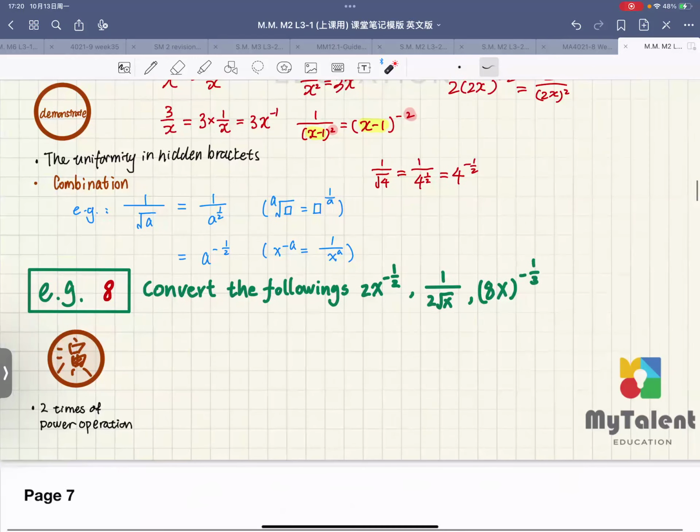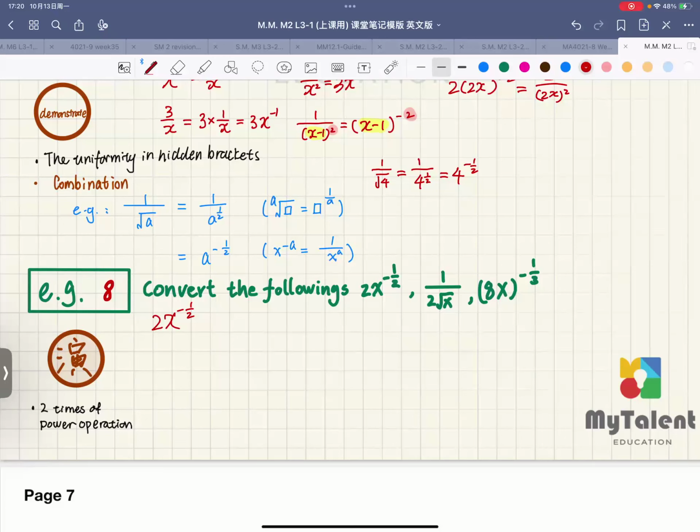Convert the following: 2x to the power of -1/2. All right, Noah, any idea how to convert this to the reciprocal form and with the square root? 2 over x to the power 1/2.